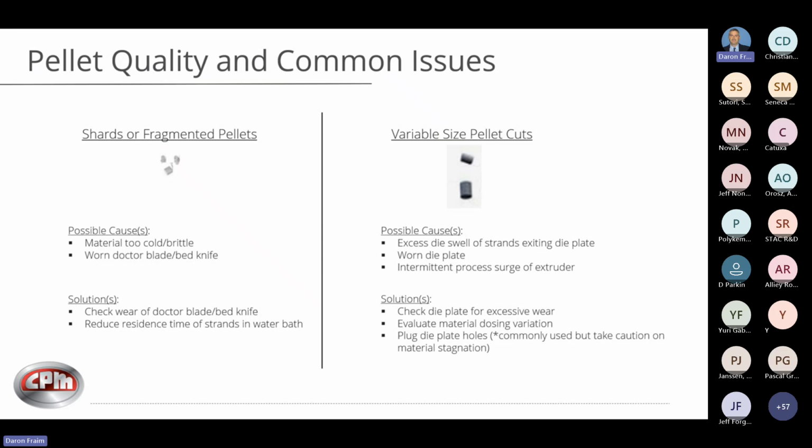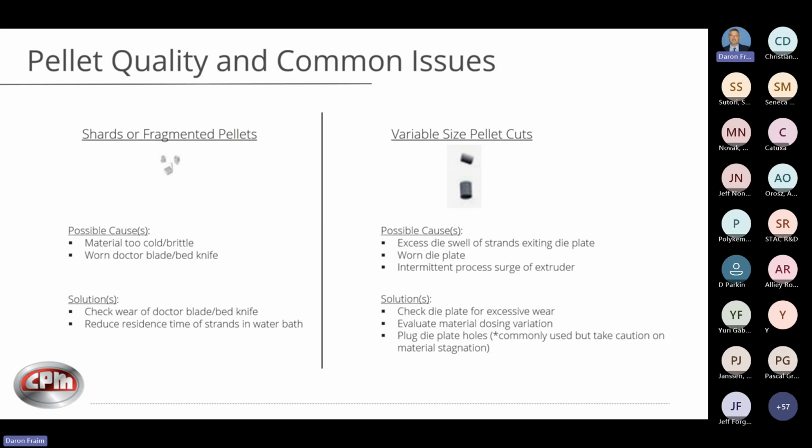Variable size pellet cuts. Again, this can be related to your die swell, as we talked about earlier, on the pressure differential across the die plate. A worn die plate could be an issue as well. Maybe some holes are a little larger just due to long-term wear. Could be intermittent process surge of an extruder.